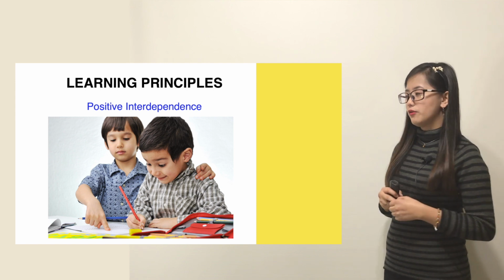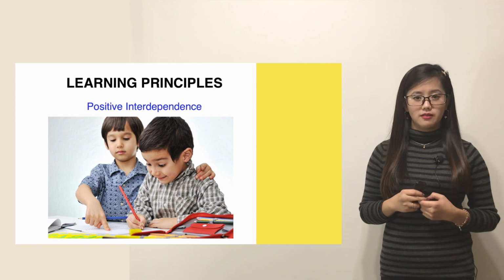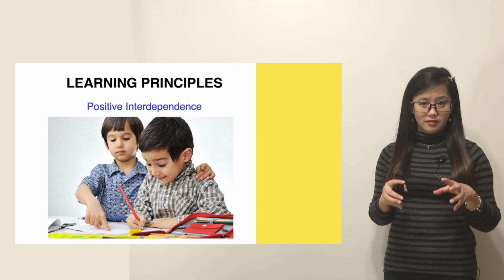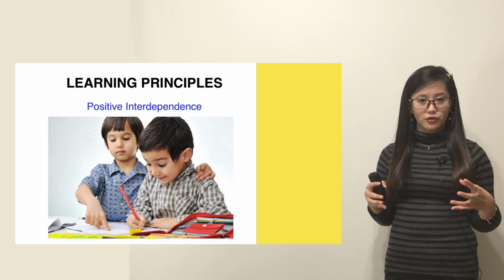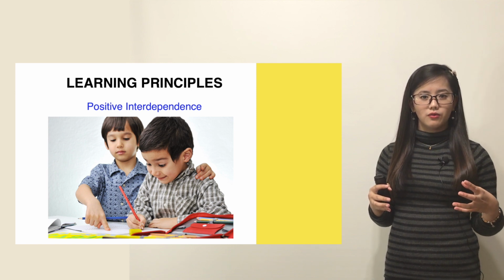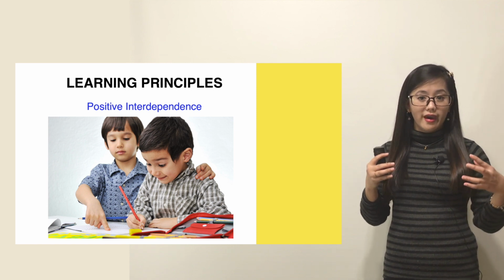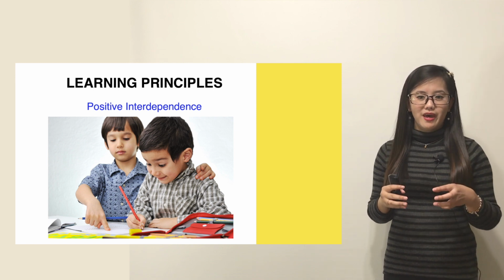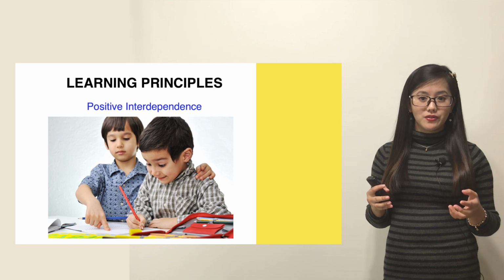We have here the word positive interdependence. When positive interdependence exists among members of a group, they feel that what helps one member of the group helps the other members also.